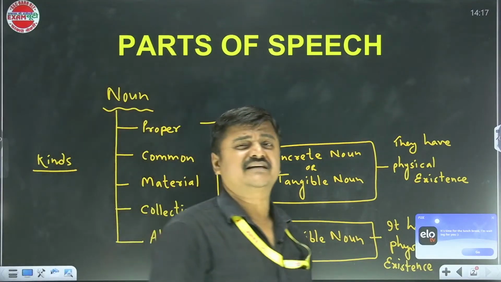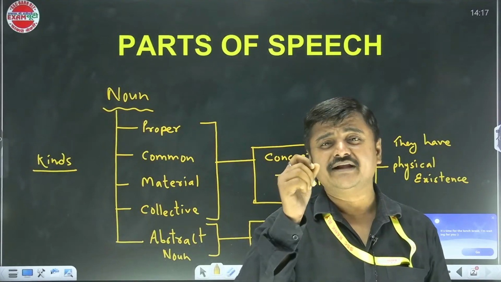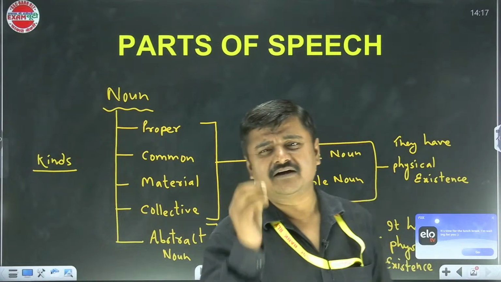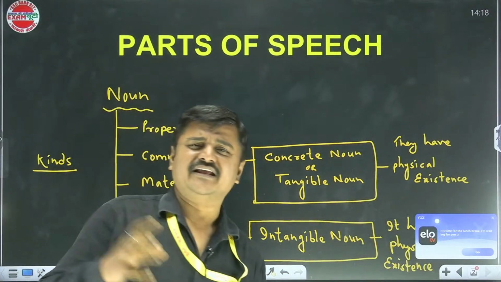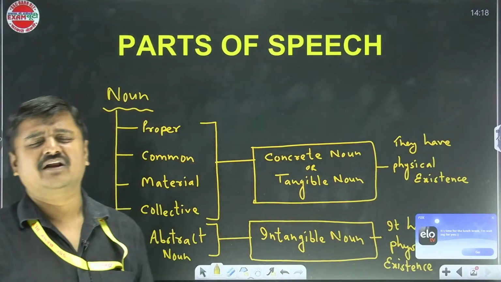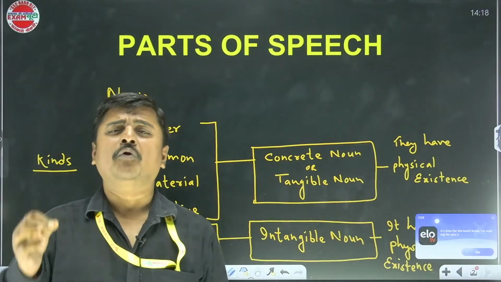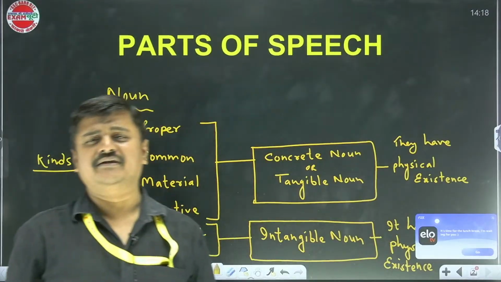Because courage does not exist physically, my dear friends, my dear students. So all the examples you take from abstract nouns like courage, love, hate, knowledge, sorrow, joy, they don't have any of the qualities I mentioned.